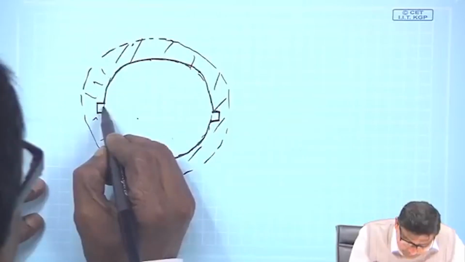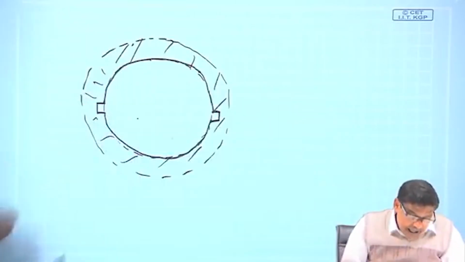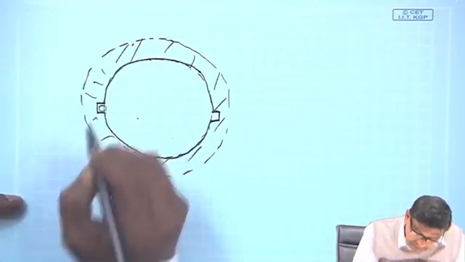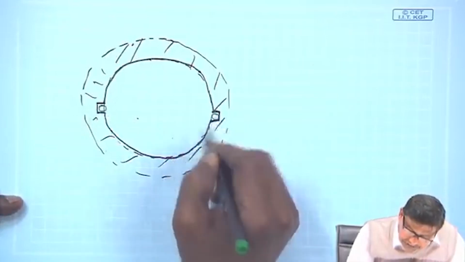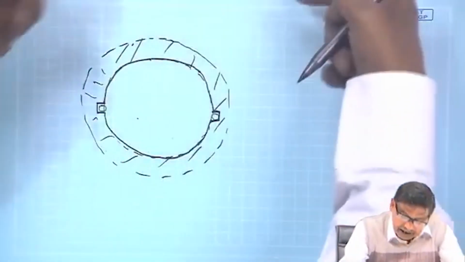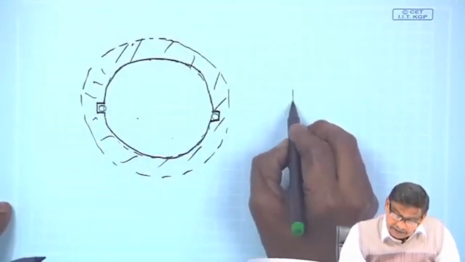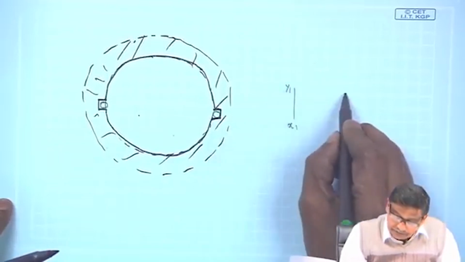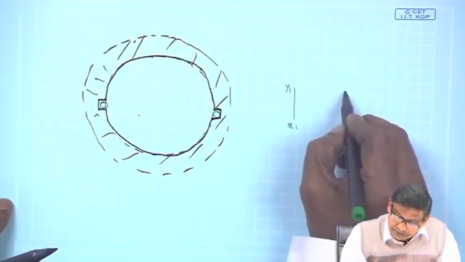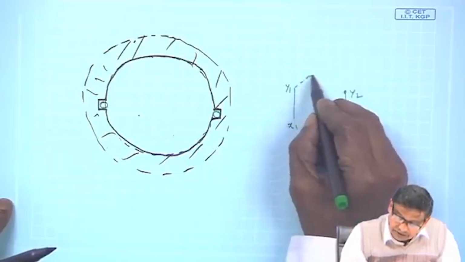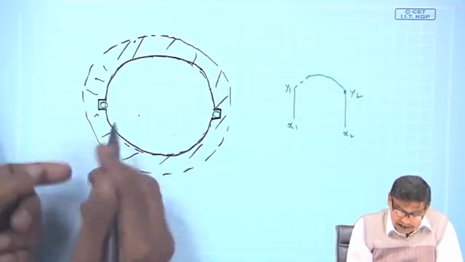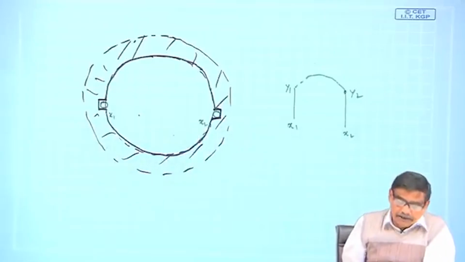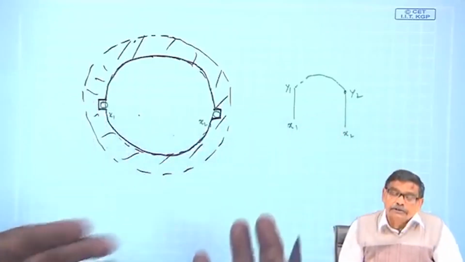There is nothing here, it is open, a groove, and there I can place a conductor, and here also I can place a conductor, two conductors, and at the back I have joined them like this. Suppose this is x1, y1, this is x2, y2, and these two are joined. And in front of you, two terminals are available to you for playing. I mean, to get voltage or pump current into this coil and so on.